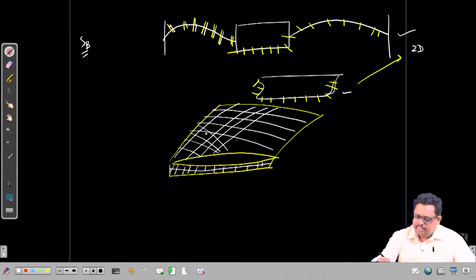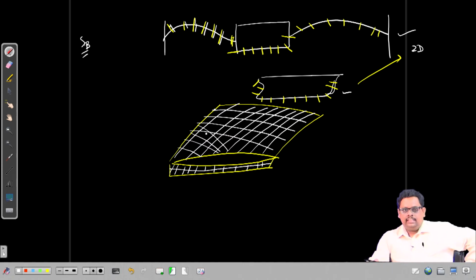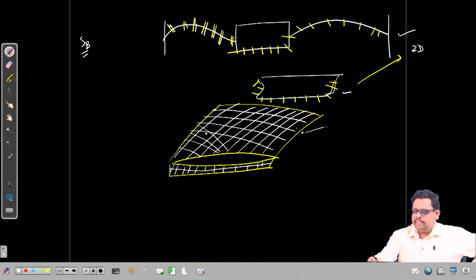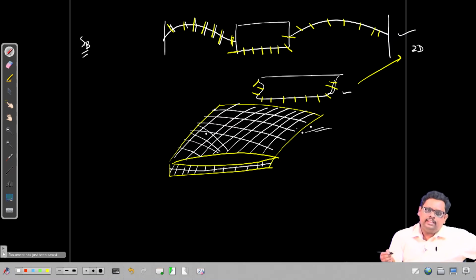Though it is a very bad drawing, just try to understand the concept. In this case you need to discretize not only the body, but also the surrounding free surface. Fine. Now, how are you discretizing this body as well as the free surface?